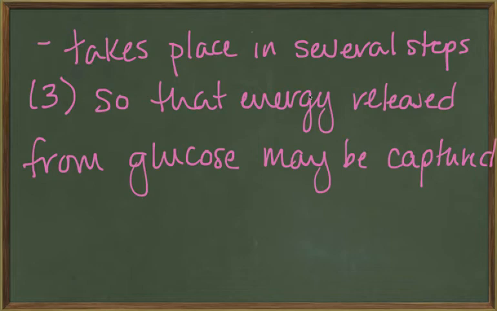So our cells have developed a way to capture this energy in a much more efficient manner, and that is cellular respiration. Are they going to be able to capture all of the energy that's released from glucose? Heck no. But they have developed a way that they can capture a good chunk of that energy, and that is cellular respiration.